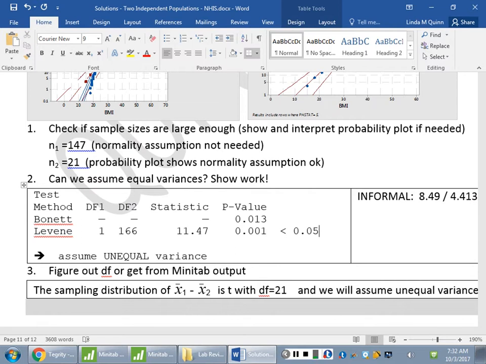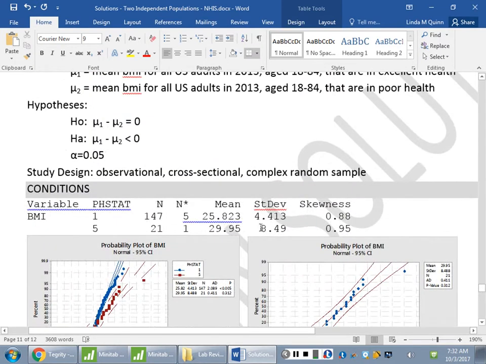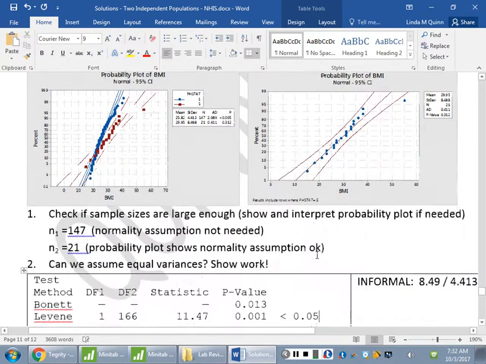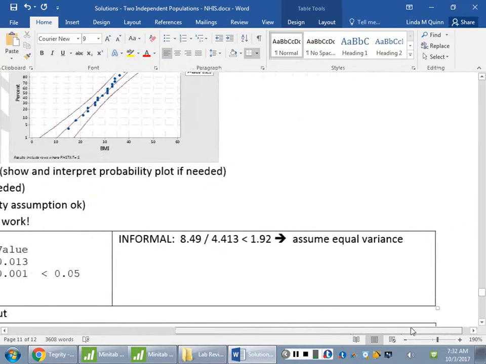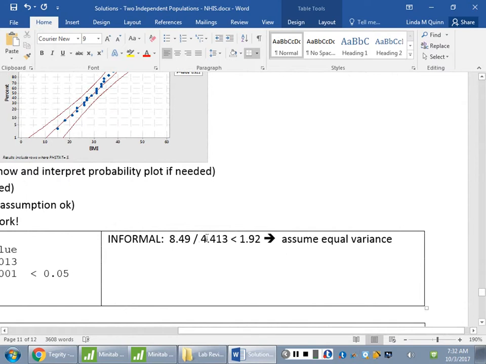If you decided to do the informal way, which is not what I asked for, but if you had decided to do it, we could look at these 2 standard deviations up here, right? We can compare 8.49 to 4.413. So in the informal way, we'd take 8.49 divided by 4.413, and we'd see it's equal to 1.92, which is less than 2.